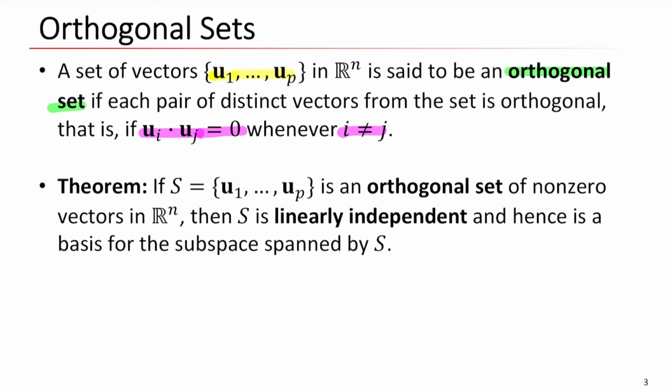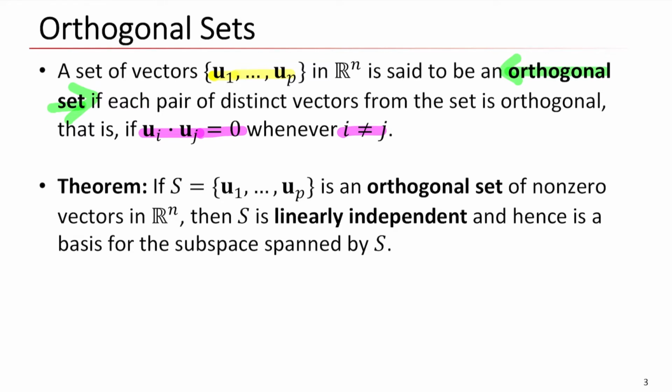It means that if any pair of vectors from the set is orthogonal, this set is called an orthogonal set. Okay, so this is the definition.